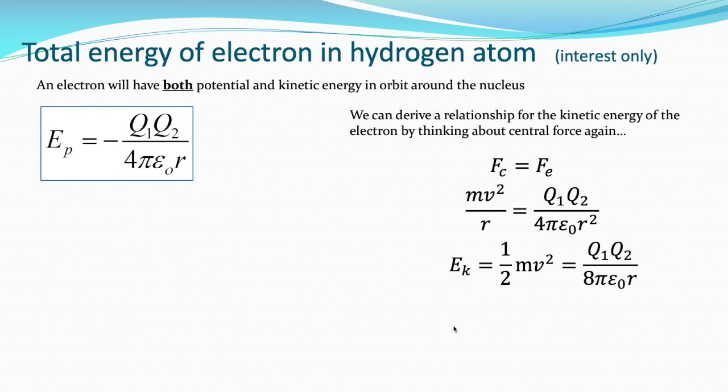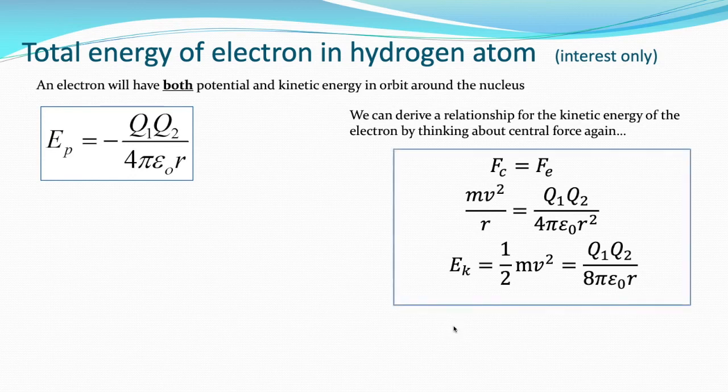So a half mv squared, and on the right hand side we end up with Q1 Q2 over 8 pi epsilon naught r. That would be the kinetic energy of the electron in any particular orbit at an orbit distance of r. Q1 and Q2 are the charge on the electron and the charge on the proton at the nucleus.